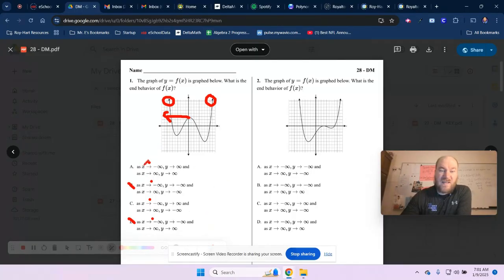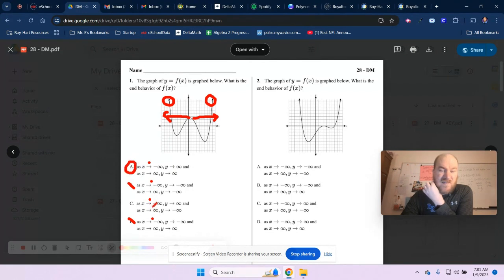And that was because, again, it says as x goes to the left, y goes up. And choice C also says that as x goes to the left, y goes up. So now we need to talk about the right. As this graph goes to the right, what is y doing? Well, it's also going up. So does choice A say that? As x goes to the right, y goes up. Yeah, choice A says that.